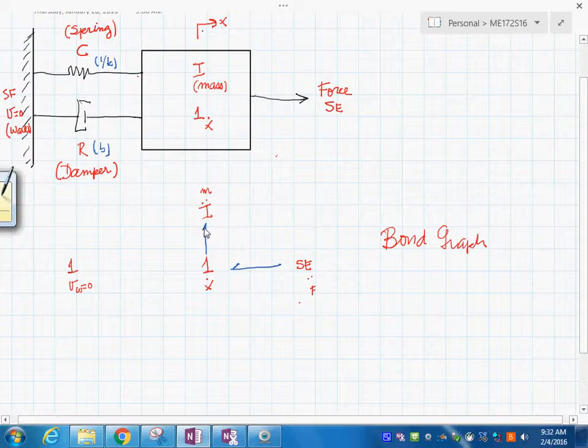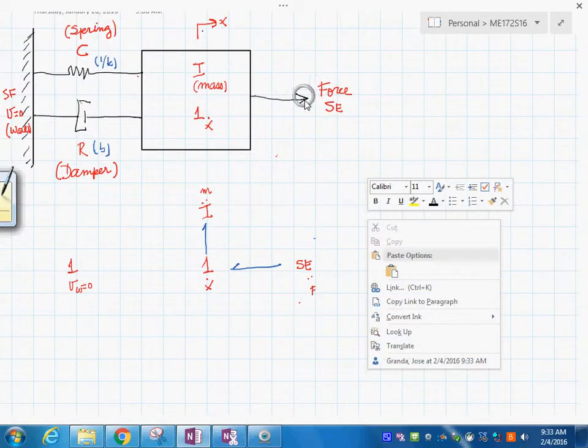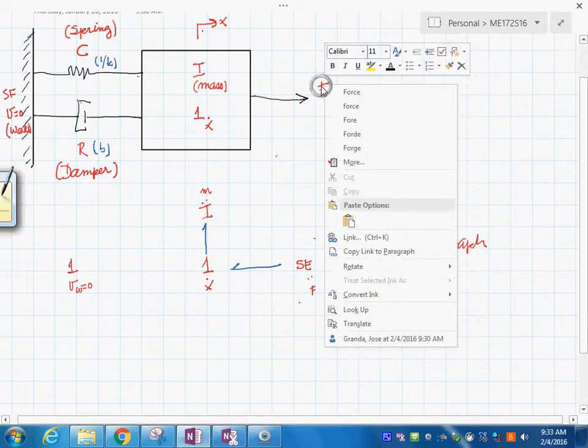I mean, you apply the force on the mass is what I was trying to say. So this is the way we represent the mass. We represent this one in here, and then we represent also the mass. That's what you see now here.